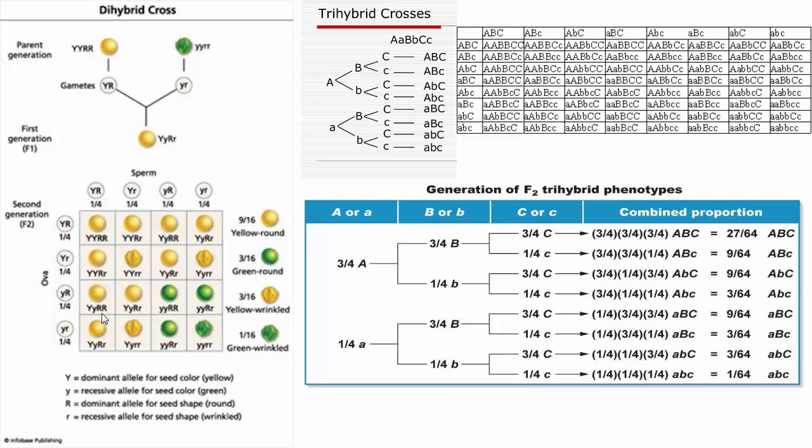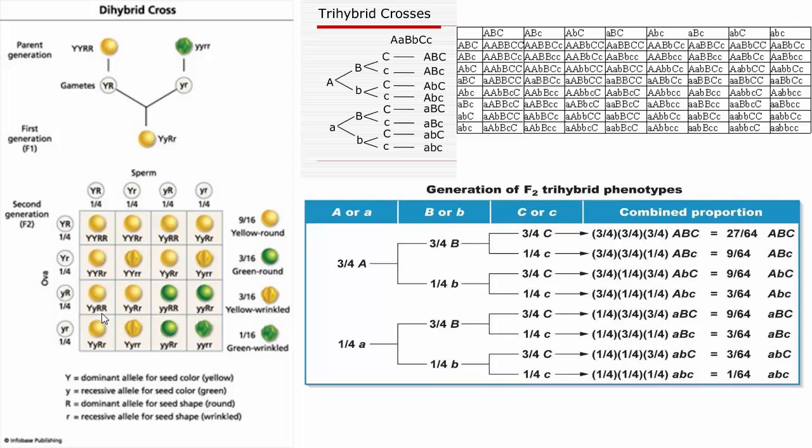A trihybrid cross gets quite complex because every extra trait that you add just increases the complexity. When we look at a trihybrid cross, we're looking at something that has 3 traits.